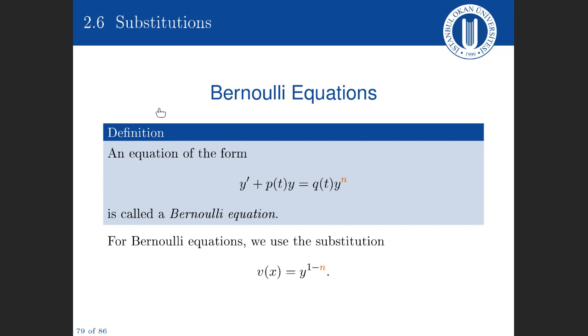For a Bernoulli equation, the substitution that we always use is v of x is equal to y to the power 1 minus n. Whatever power n we have in the differential equation, we do the substitution v equal to y to the power 1 minus n.